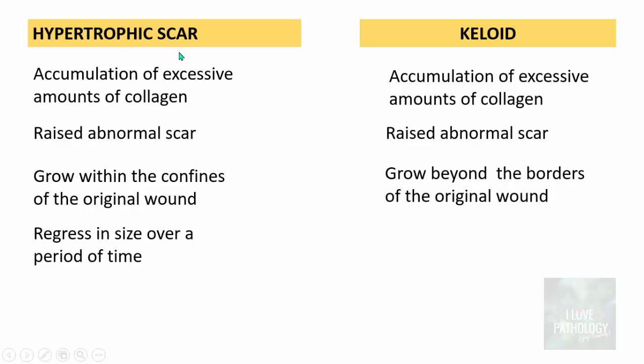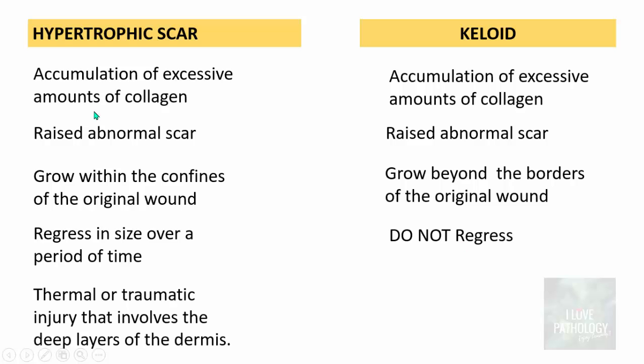And hypertrophic scar regresses in size over a period of time, whereas keloid does not regress. Where do you see hypertrophic scar? In the settings of thermal injuries or traumatic injuries that involve deeper layers of dermis, whereas keloid has individual predisposition. Not everybody will develop keloid. Some individuals develop keloid, they have underlying causes, genetic causes could be.